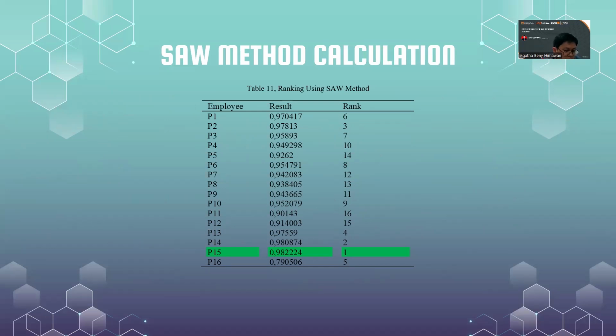The second rank was occupied by P14 employee with a preference value of 0.980874, and the third rank was occupied by P2 employee with the preference value 0.97813.